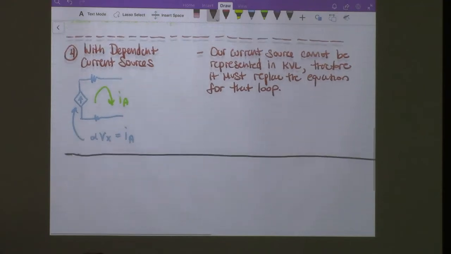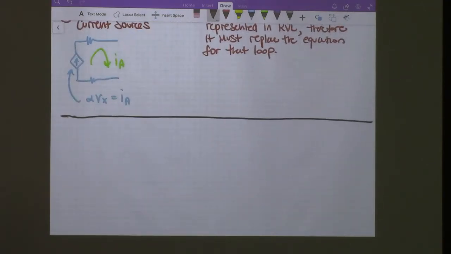Okay, so we are going to go through one example of mesh analysis with dependent current sources.